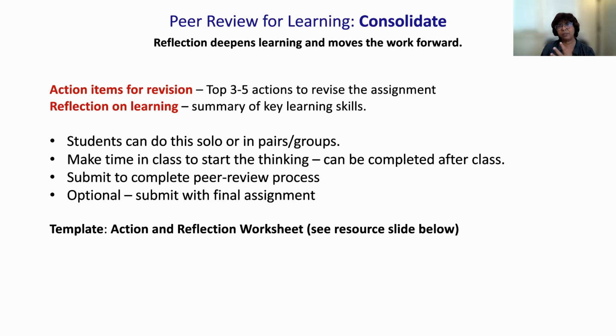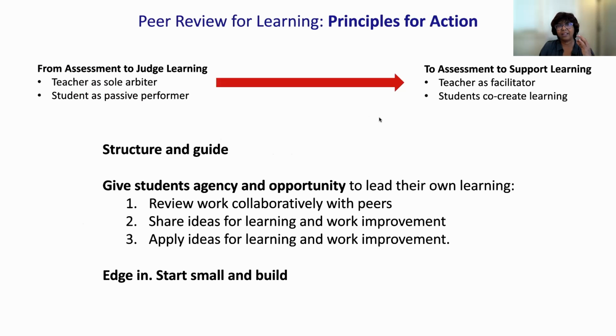So those are the three sections: input, student do, consolidation. And I'm bringing us back to this model from assessment to judge learning, which has its space. But for learning and developing learning, we want to use peer review for assessment to support learning, where we facilitate the collaborative process.